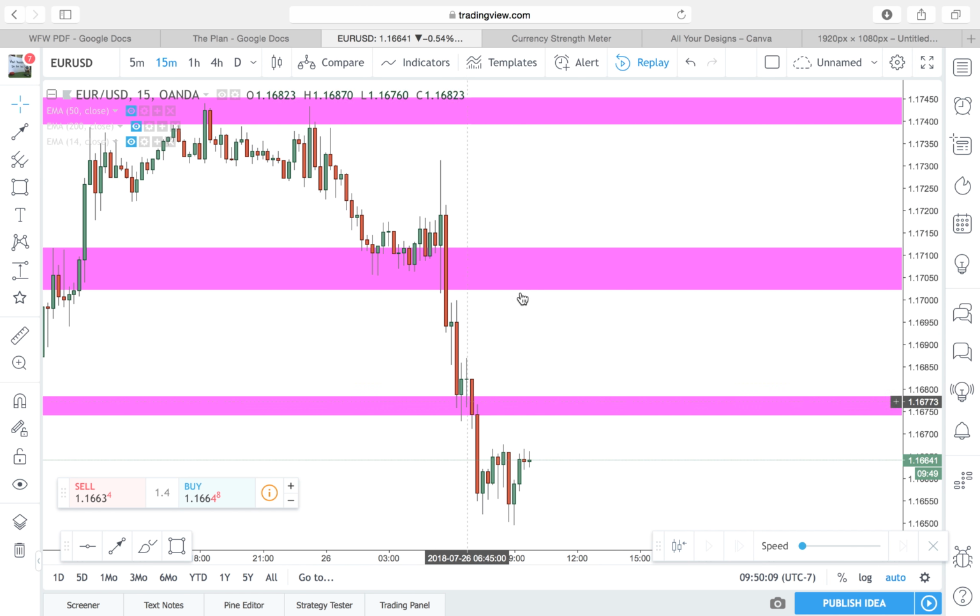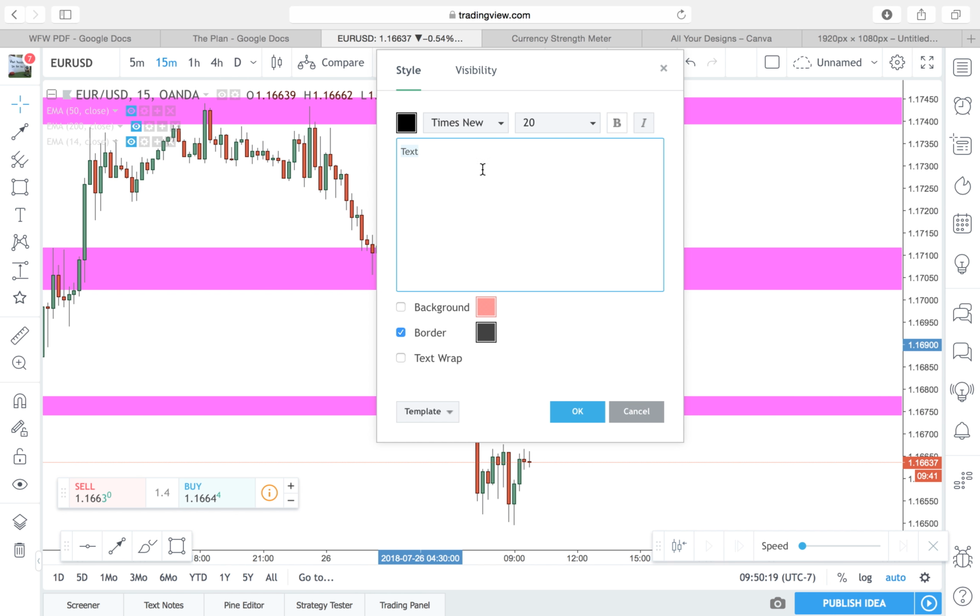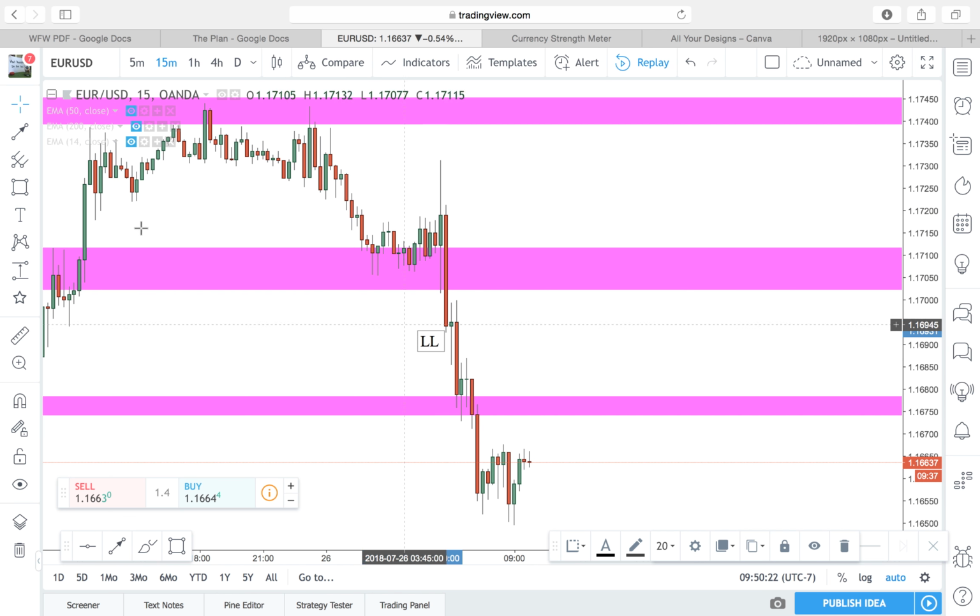And when you look at structure, what did structure do? I think this was also Brexit talk, so it definitely did help the momentum. We have lower lows and lower highs.